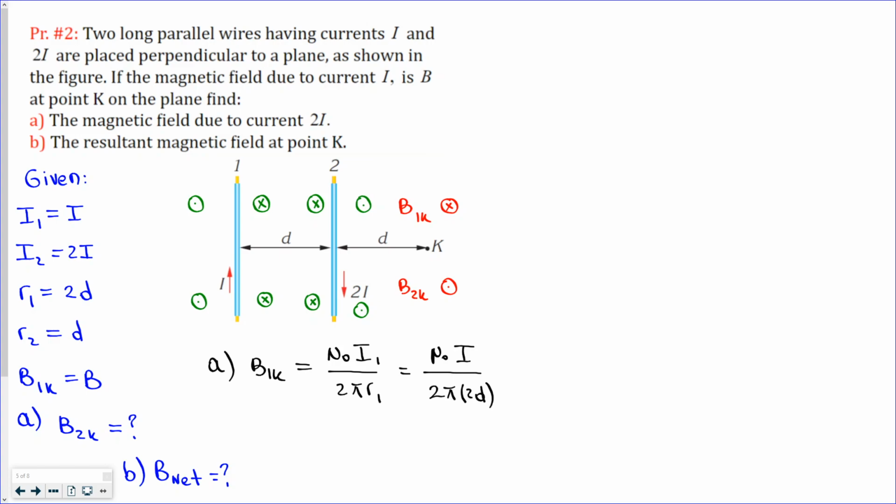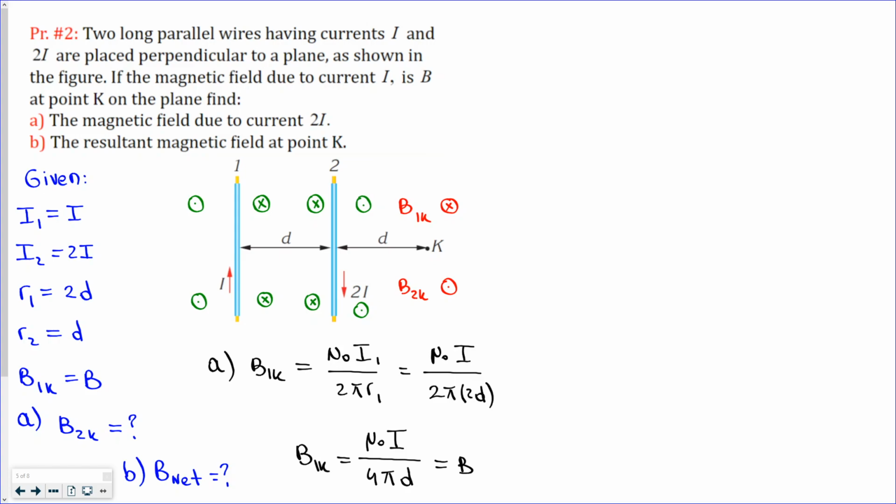Why 2D? Because the distance from the first wire to point K is 2D, and B1K finally it will be equal to mu 0 I over 4 pi D, and this is equal to the B from the given.